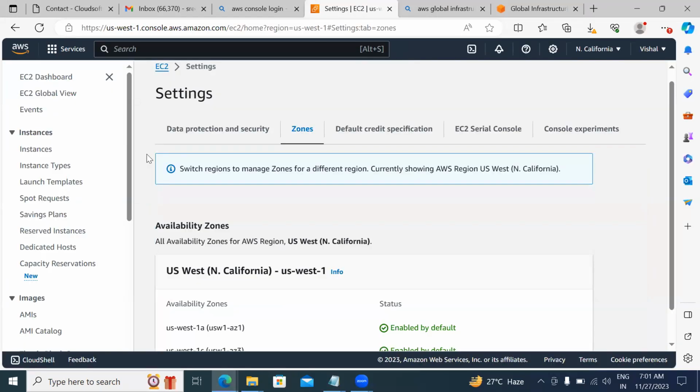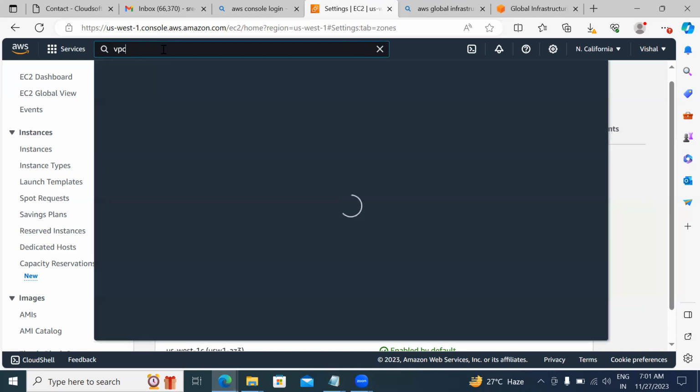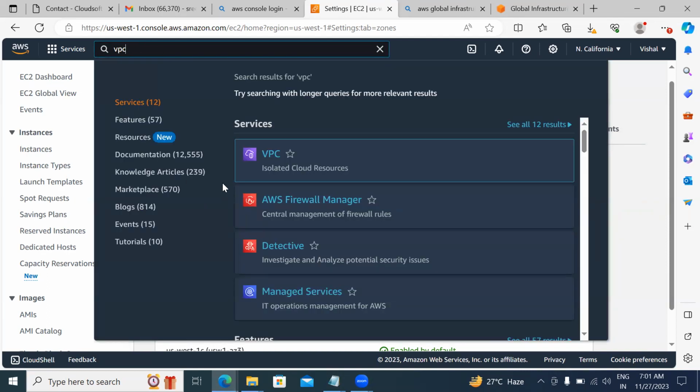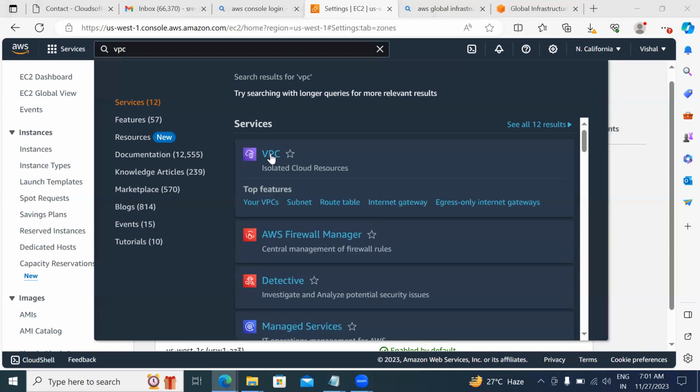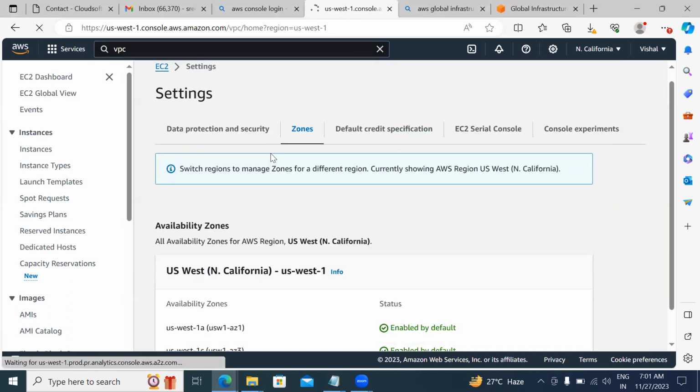Okay, so now I'm going to create the VPC. I'll go for VPC. So we'll check the VPC in North California, we'll get a confirmation, right? How many subnets there we have, we can see, we can get an idea.